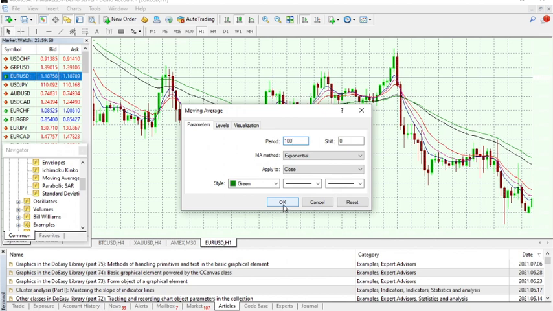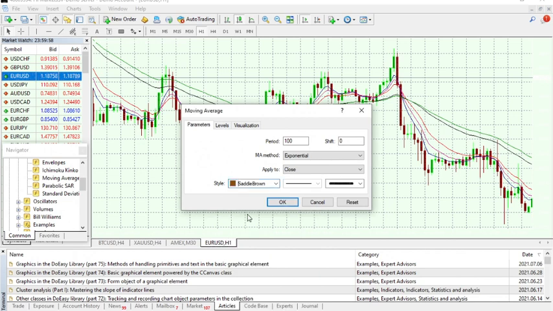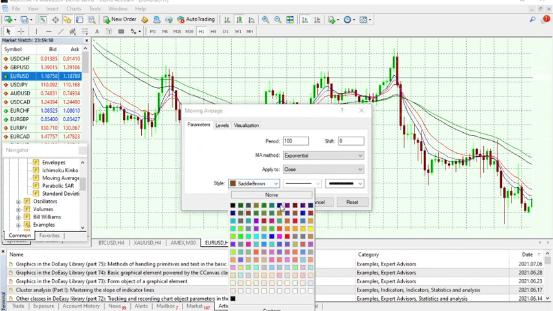Okay, exponential, and let's now make the line bigger. Then the color, I think let's make it of this color. Let's see, or do we have it thick?